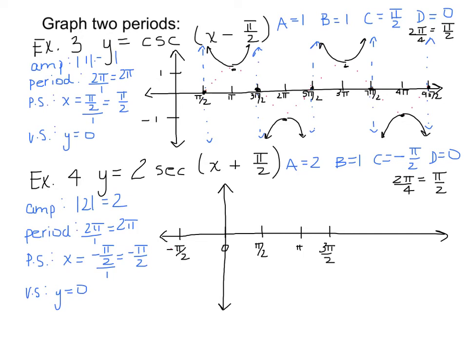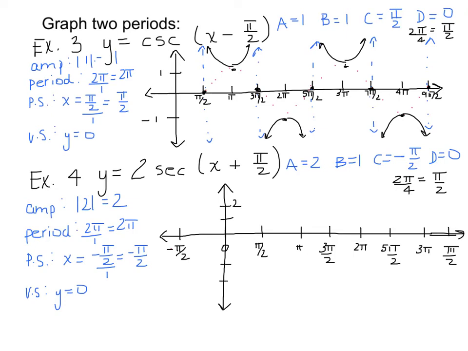And I don't know if I'm going to have enough room, because I made my increments so large. So that's 4 pi over 2, 5 pi over 2, 6 pi over 2, 7 pi over 2. Let's make sure we have 9. 7, 8, 9. Okay, so we're good.